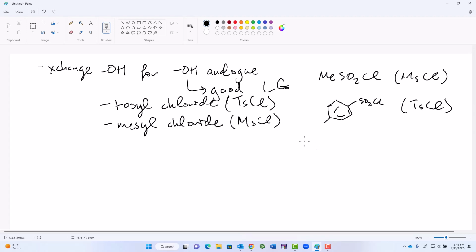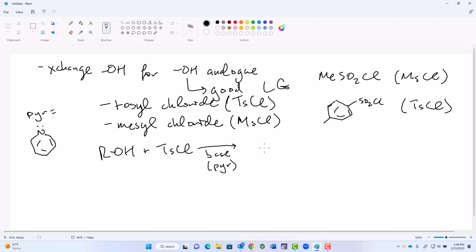So what do these actually do? So what we would do is we would take ROH, and let's just say I'll add tosyl chloride. If you wanted to do mesyl chloride, you would just write mesyl chloride instead. These act the same way. I would add a base, a good base such as pyridine, and the structure of pyridine is as such, where it's got a lone pair, so this is pyridine.